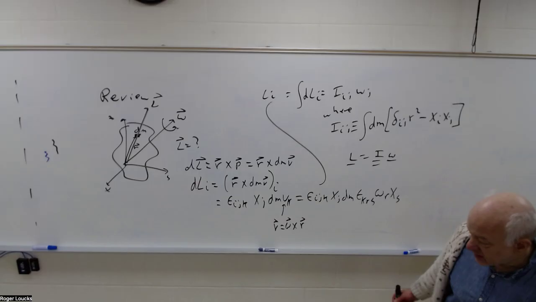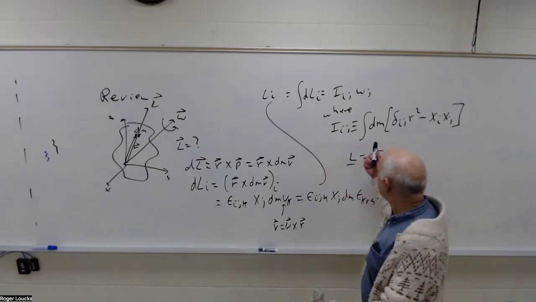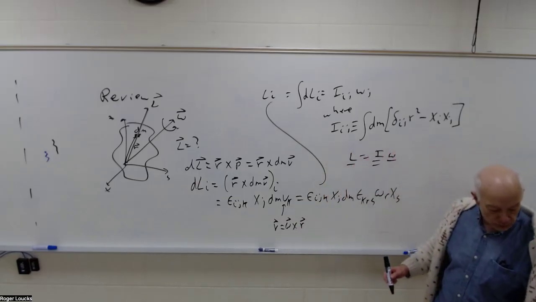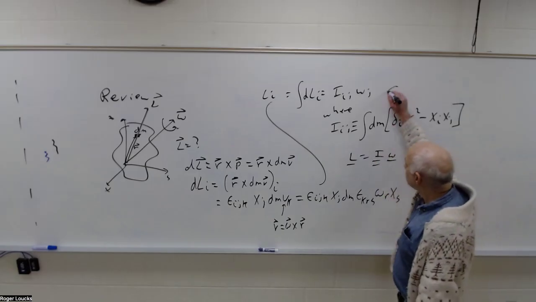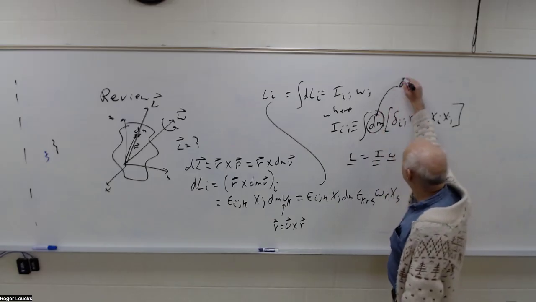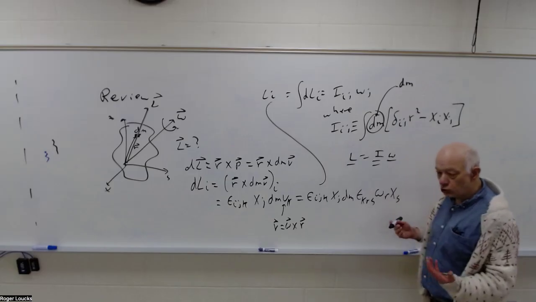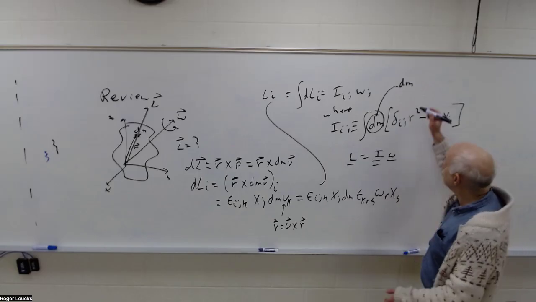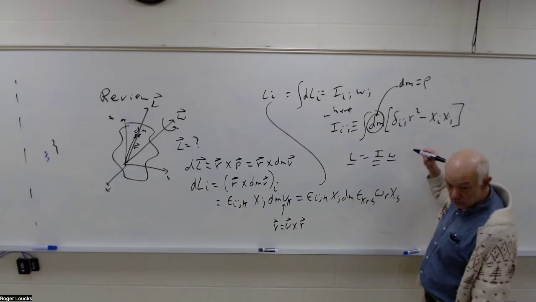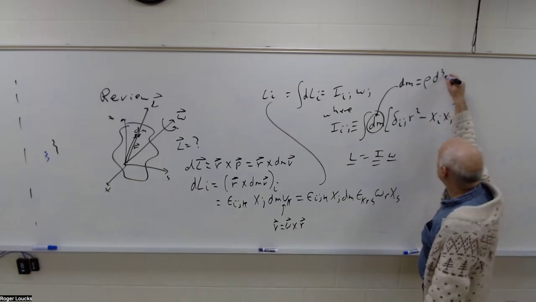So we started calculating one of these. We said this is when we have a continuous object. Usually this dm here, we're going to have the density of something, so we typically write this as the density of the object times d3r. What would be d3r?